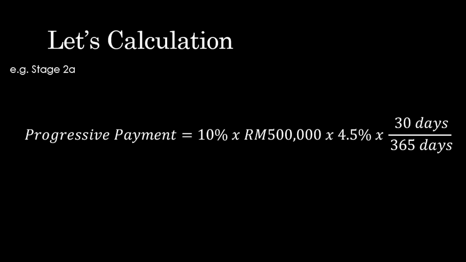Now a lot of people, what mistake they do is usually they thought it's supposed to be 500,000 times 4.5%, and the amount is really scary. But if you take only 10% and divide it by 365 days times 30 days, which is a month, how much are you going to pay a month?